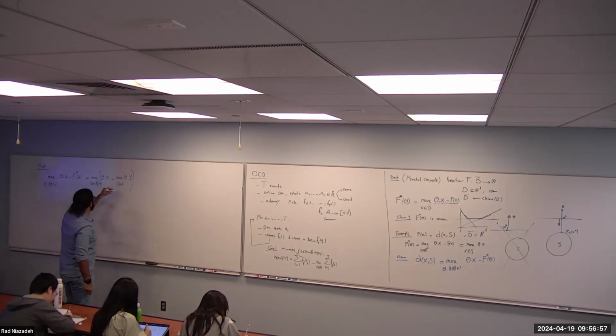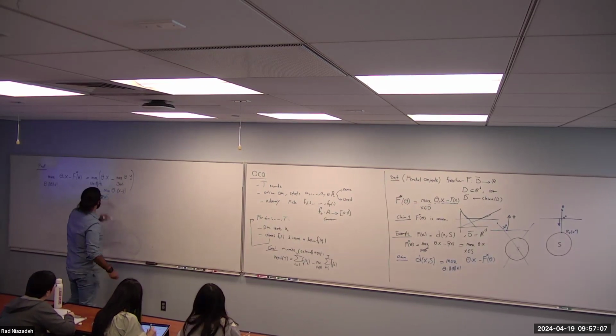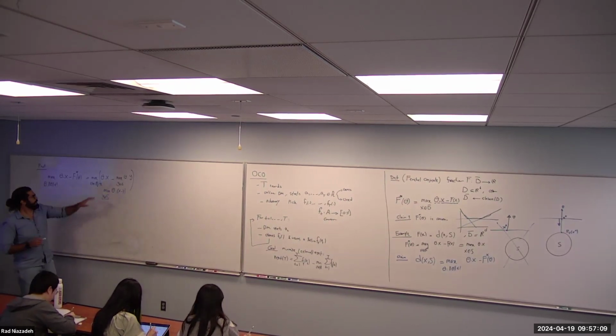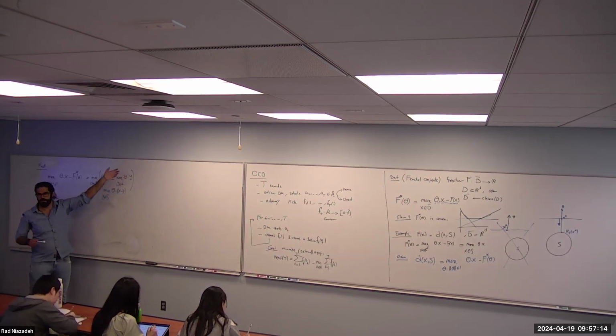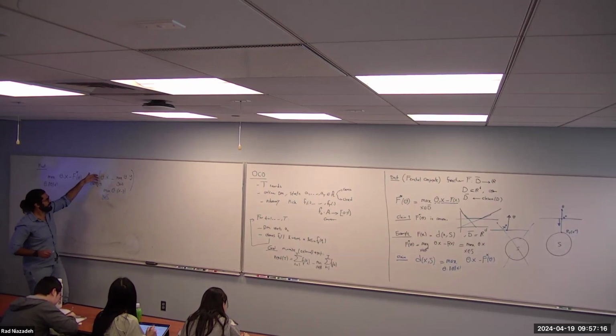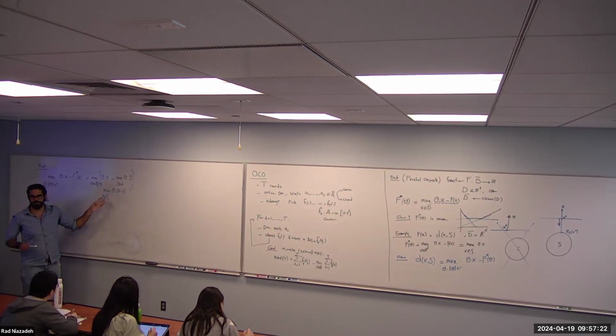It's really equal to the following. It's basically the minimum of theta dot x minus y when y is in S. Because I can bring this minus sign inside, and that becomes a minimum. It's just a constant term, we can bring it in. The whole thing is going to be the minimum of theta dot x minus y when y is in S.